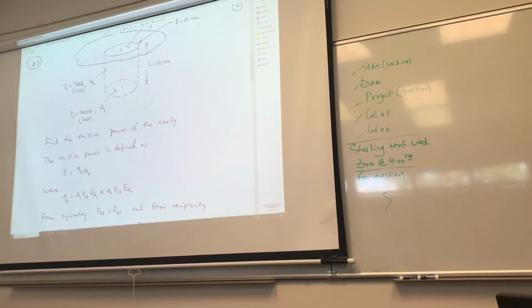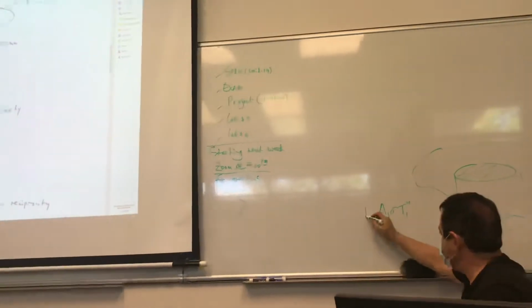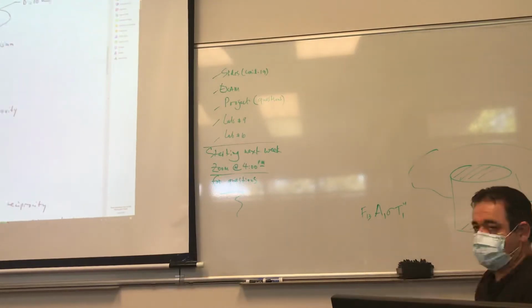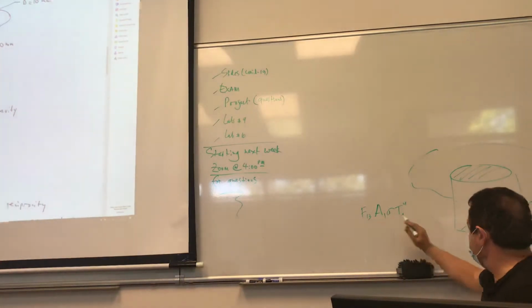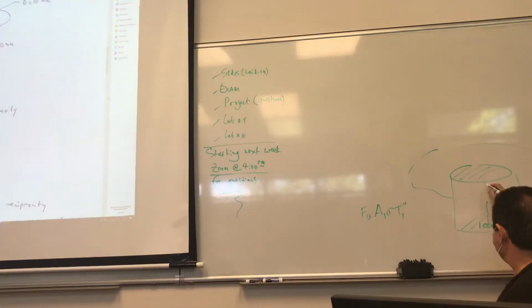A1 EB1, that means A1 sigma T1 to the power 4, right? But what gets exchanged between 1 and 3, I have to always multiply by F13, okay? That gives me the amount of energy going from A1 and coming out through the top.